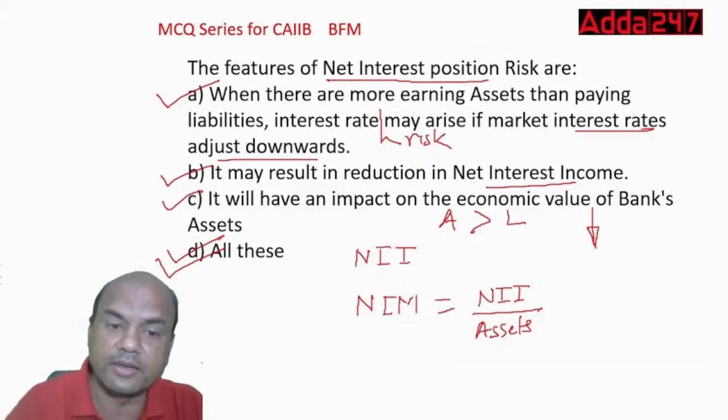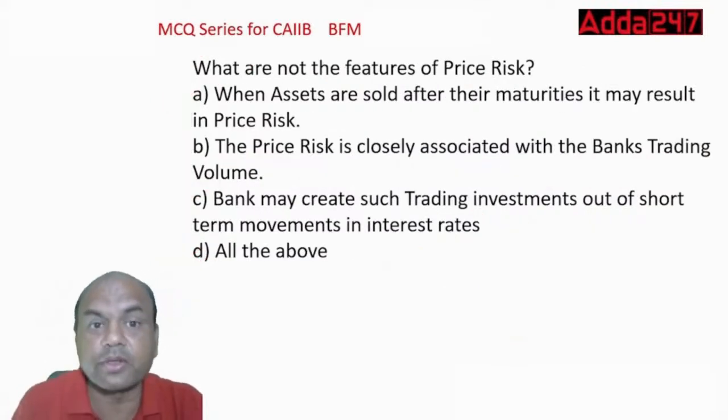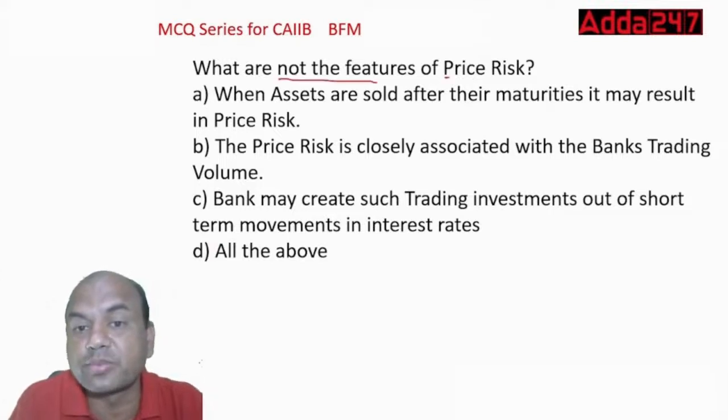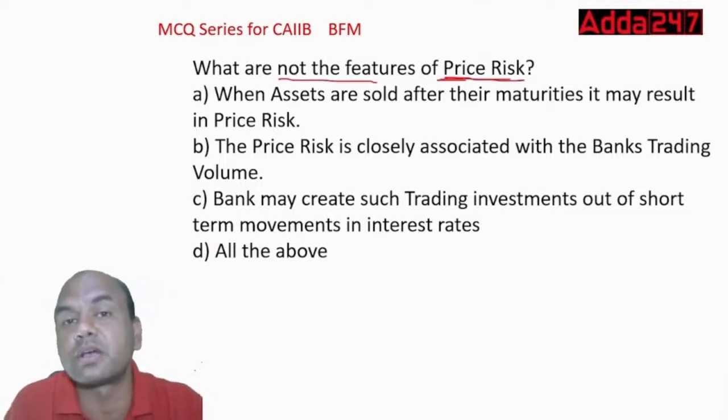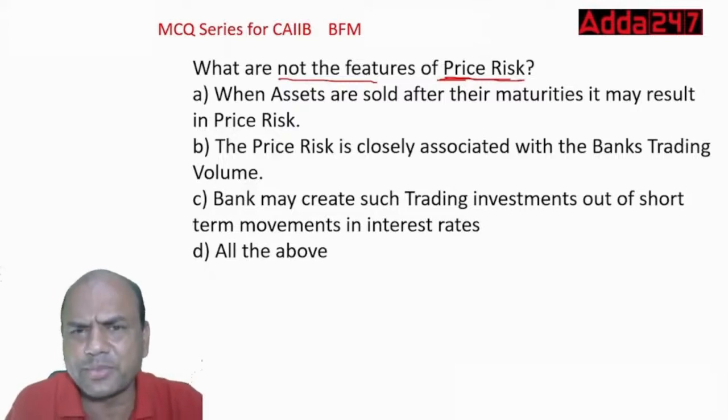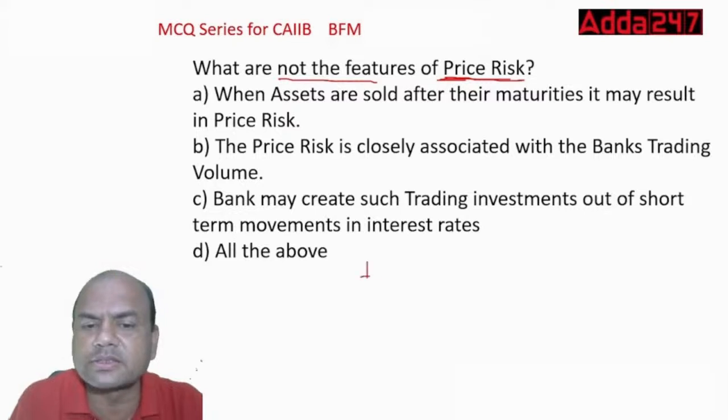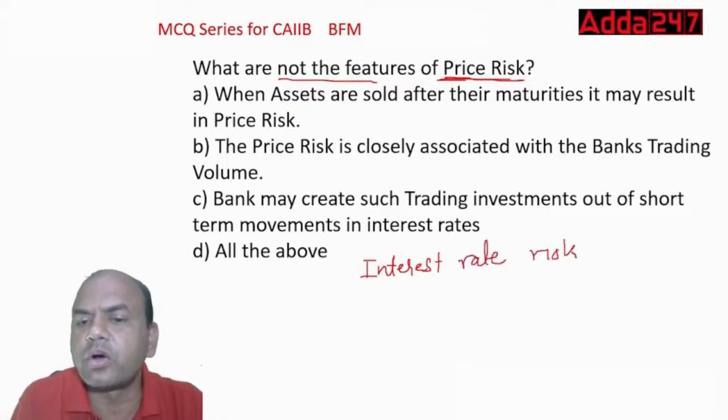Which of the following are not the features of price risk? Price means the price of the bond goes up or down. Always remember one thing: interest rate risk is always related to price risk.